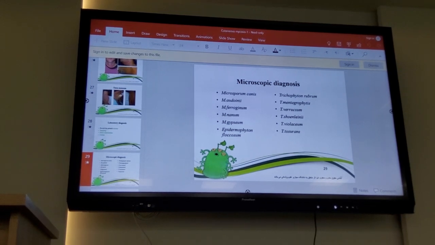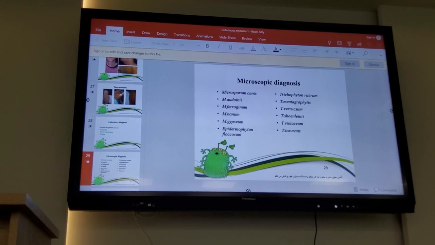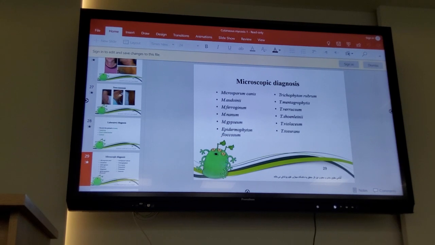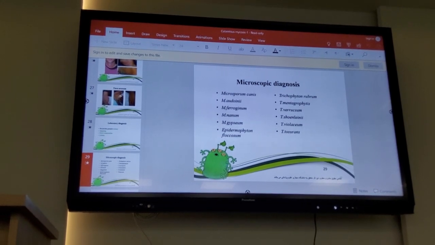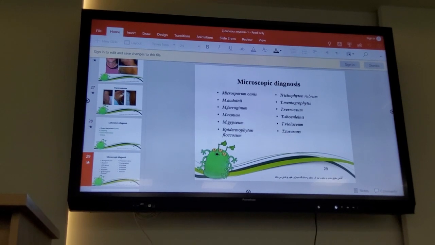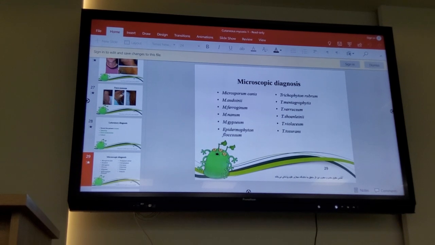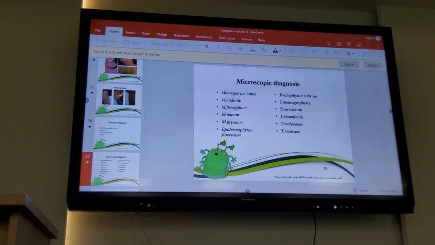Trichophyton rubrum, another dermatophyte. It is the most common agent of dermatophytosis. It shows worldwide distribution. You can find it in each country. After that, Trichophyton mentagrophytes, another common dermatophyte.